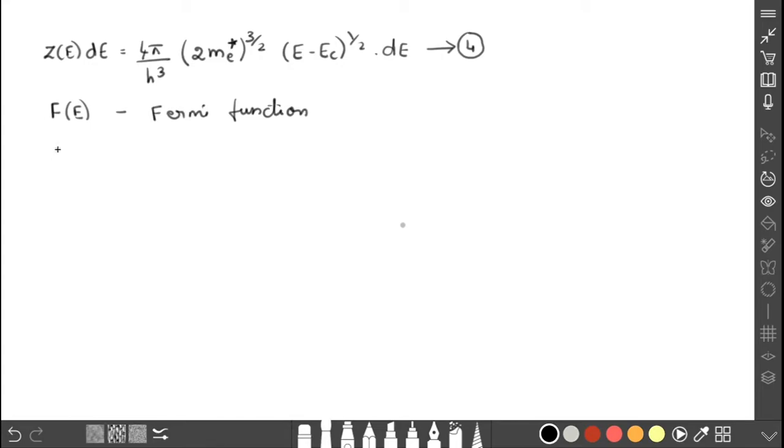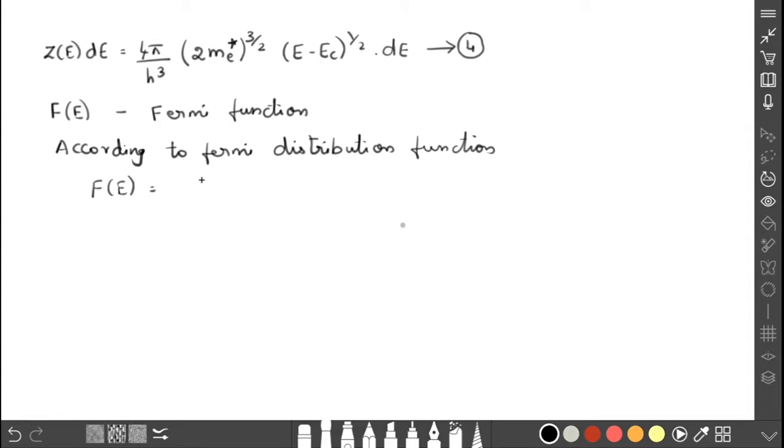This Fermi function I am going to write with the help of the Fermi distribution function. So according to the Fermi distribution function, F of E can be written as 1 divided by 1 plus exponential of E minus EF divided by kT.